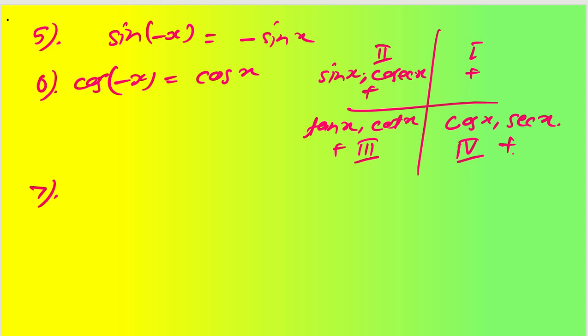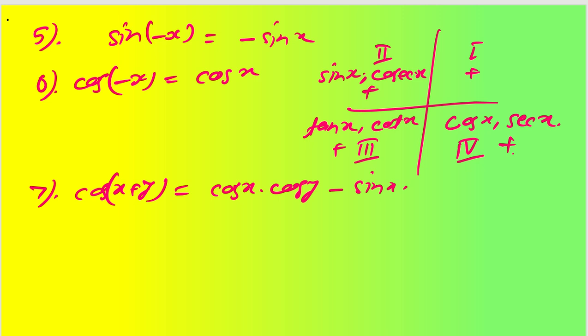Let us say cos of x plus y. Cos of x plus y is going to be cos x into cos y minus sin x into sin y. Next is cos of x minus y.